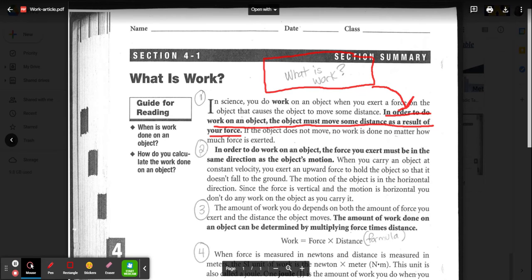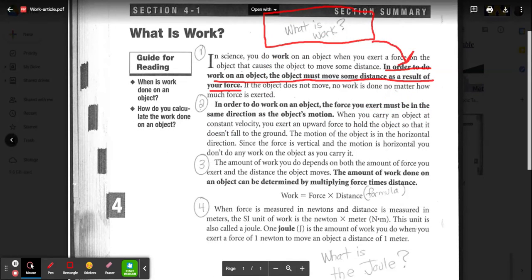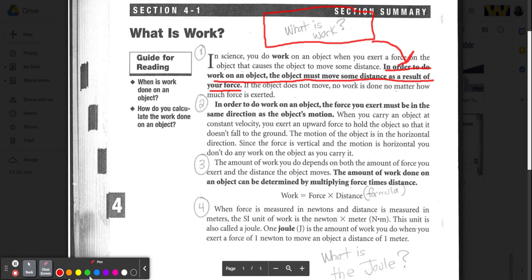All right, let's continue with paragraph 2. In order to do work on an object, the force you exert must be in the same direction as the object's motion. So if you're pushing an object like a box forward, meaning you're exerting a force, and it's moving forward, then you are doing work.